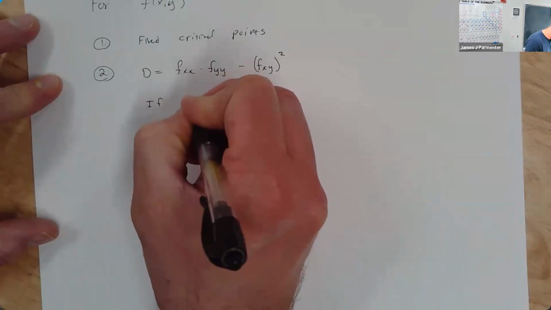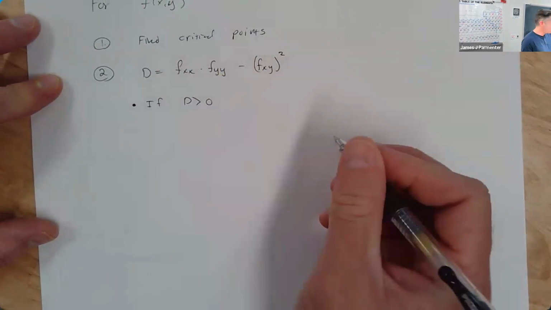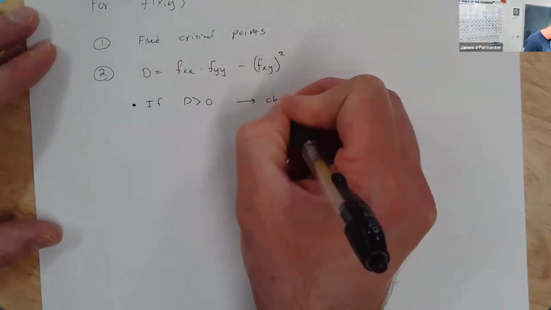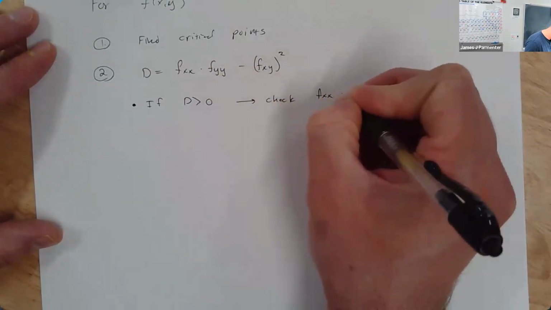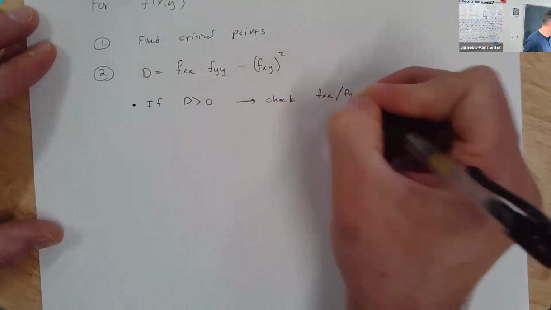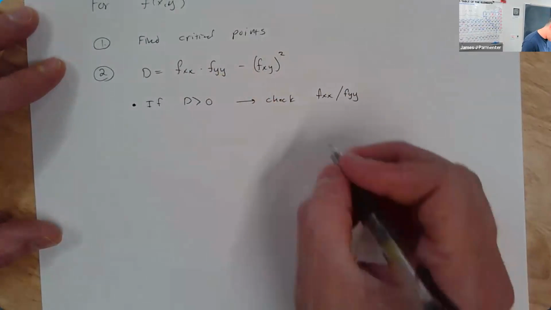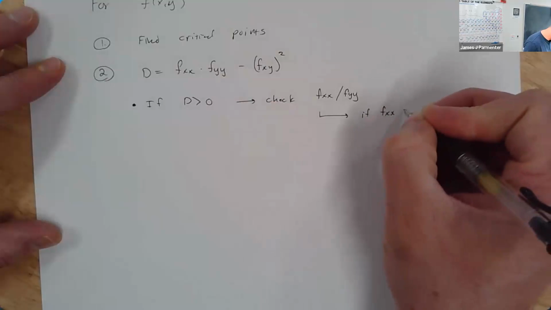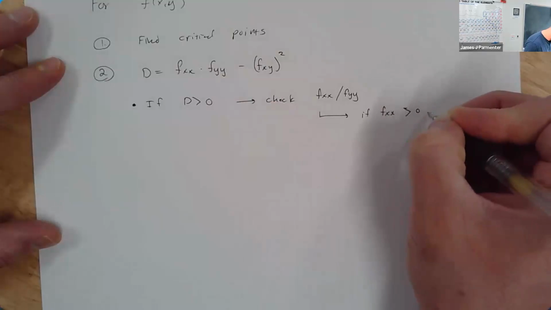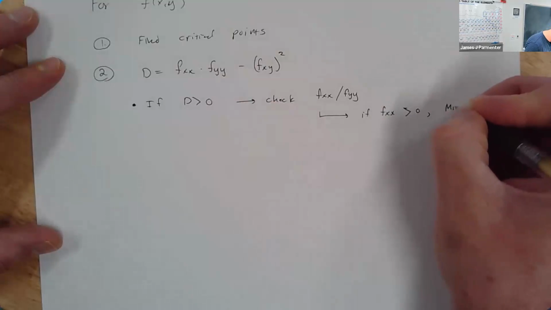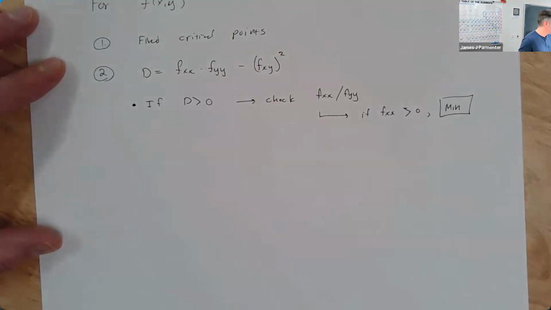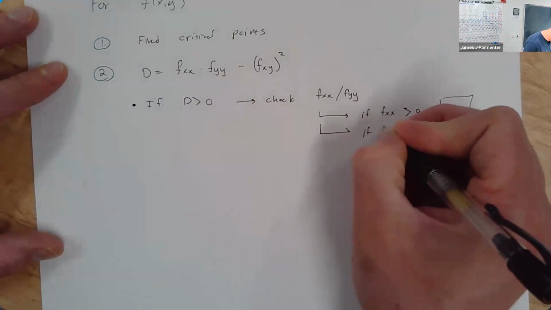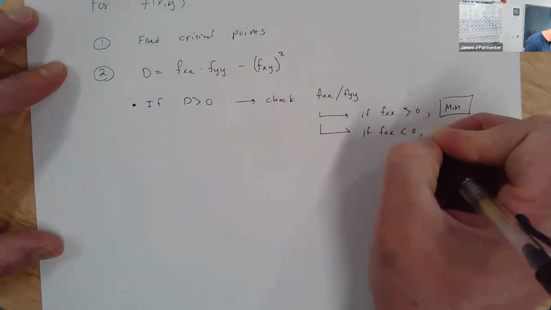If D is positive, then you have to look at the second derivatives. So check fxx or fyy, it doesn't matter which one. If fxx is positive, then you have a minimum because it's concave up. If fxx is negative, then you have a maximum because it's concave down.